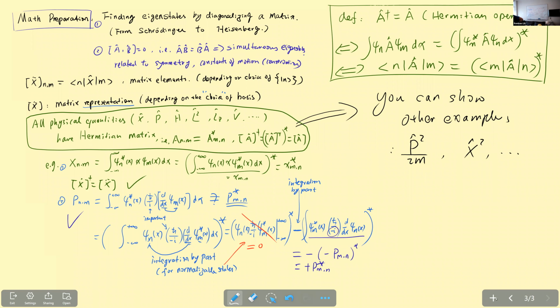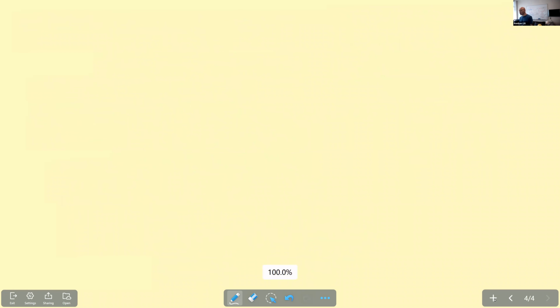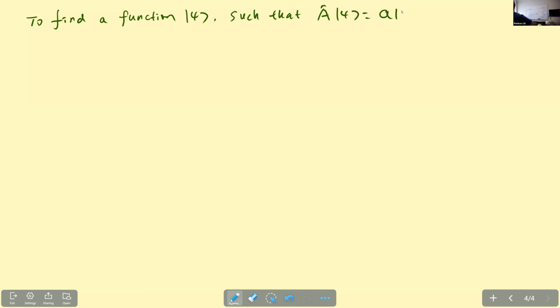Right, so next, since now we have matrix form, actually we can find the eigenstates, okay? Right, suppose we want to find the eigenstate, so a function ψ such that an operator A acting on ψ just equals to a times ψ. Okay.